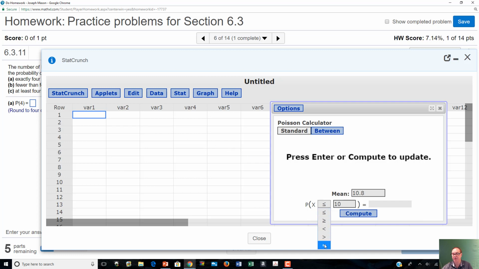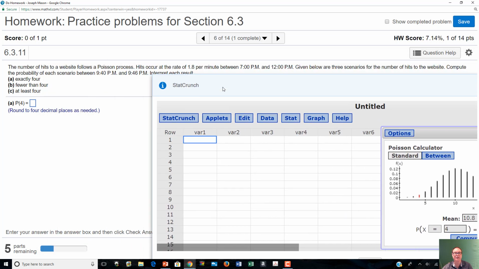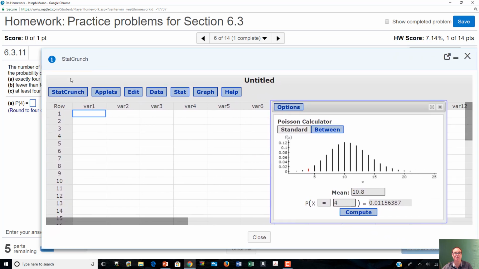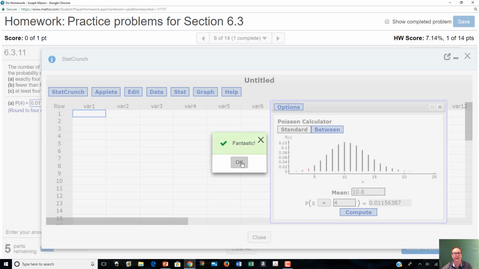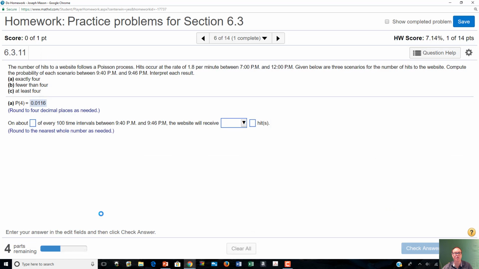So we want equals 4, compute. So this is, round to 4 decimal places. Okay, so this is going to be 0.0116. And I check my answer. Fantastic.